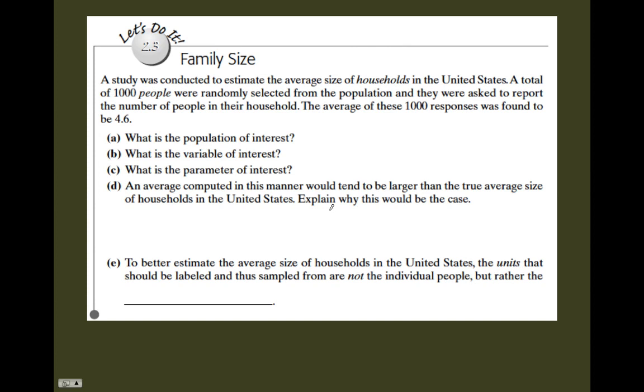So here are our questions. What's the population of interest? Households in the U.S. What is the variable of interest?